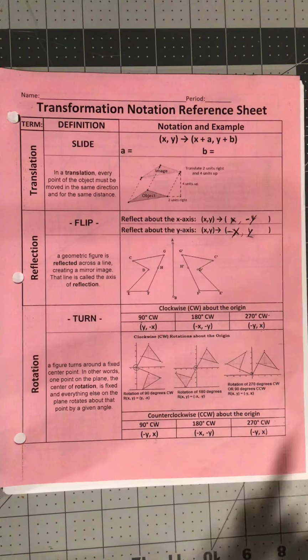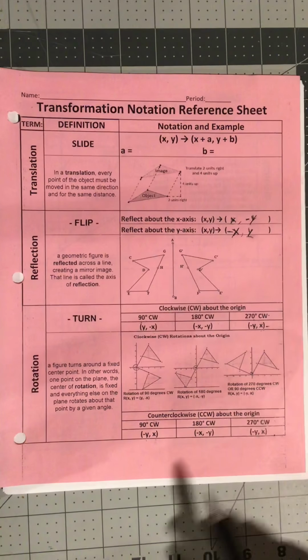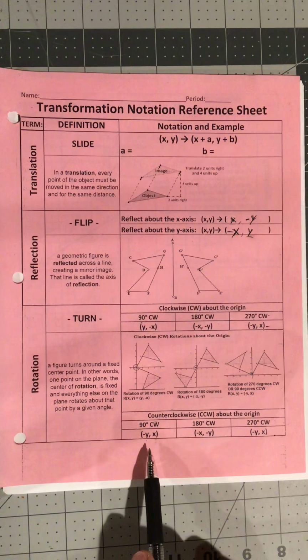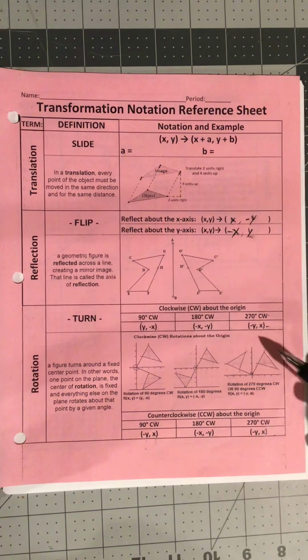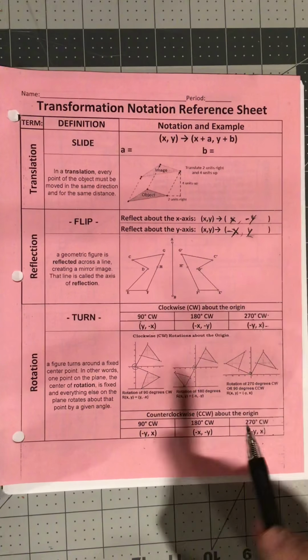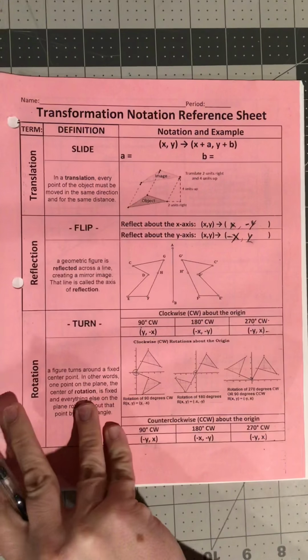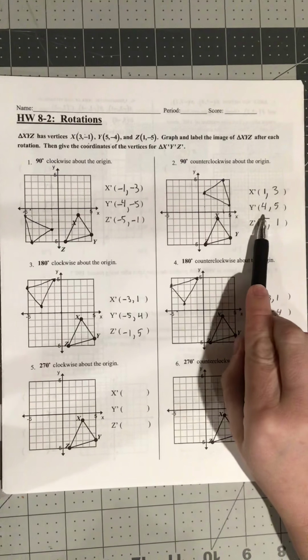And if you will notice, 270 degrees clockwise and 270 degrees counterclockwise are the exact same thing as 90 degrees counterclockwise. So look at this. These 3 are the exact same. So knowing that, it's this right here.